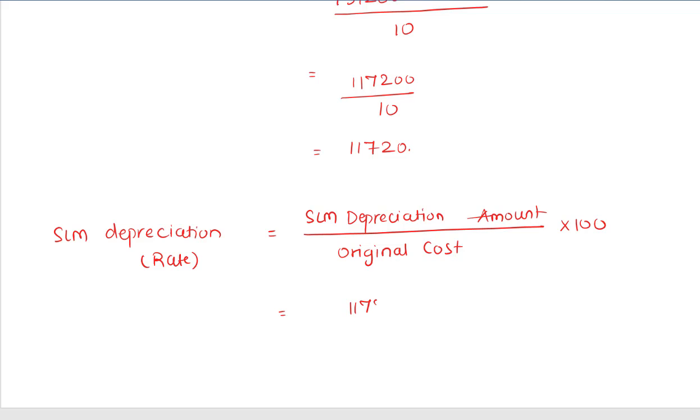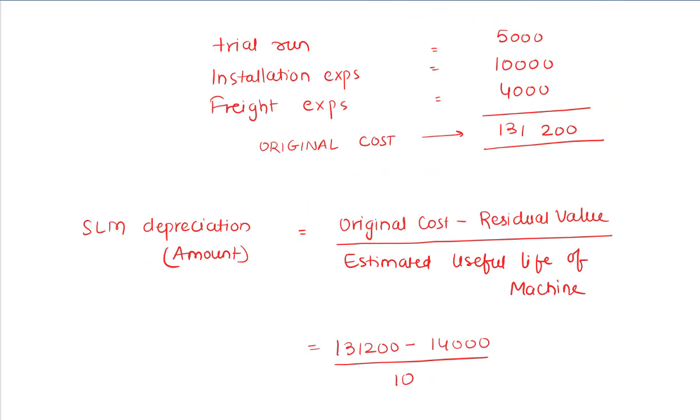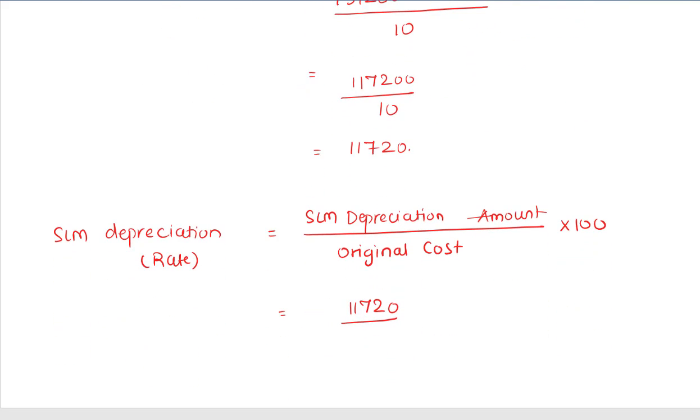So depreciation amount over here is 11,720. Original cost we have calculated as 1,31,200, and multiplied by 100. Try to solve it, my dear students. 11,720 divided by 1,31,200 multiplied by 100.